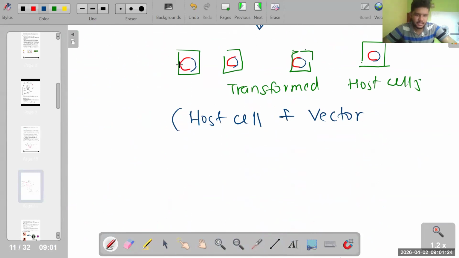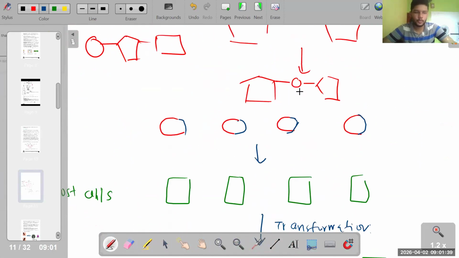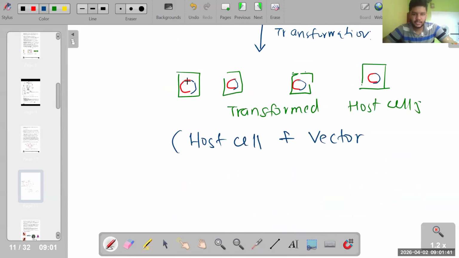Blue means DNA. Red means vector. Very good, right? Blue means DNA, right? Now the red one is the vector, the blue one is DNA.